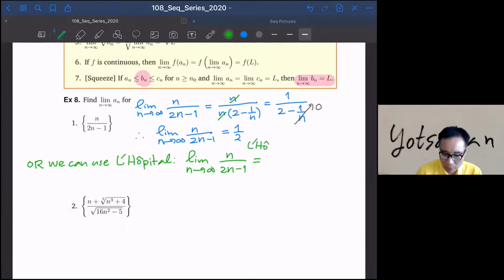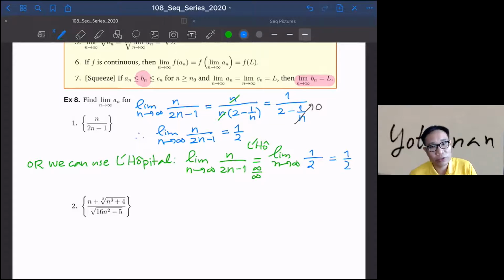This is L'Hopital in terms of infinity over infinity. You differentiate on top, you get 1, differentiate on the bottom, you get 2, so the limit is equal to 1/2 also. So you can use just the basic simplification, or you can use L'Hopital in order to find this limit.